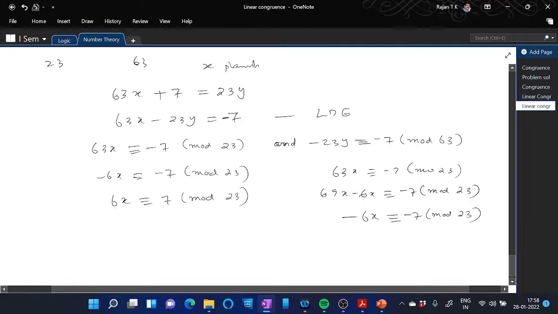Now this is a linear congruence in the form ax congruent to b mod m, and it is solvable if d, the gcd of a and m, divides b.